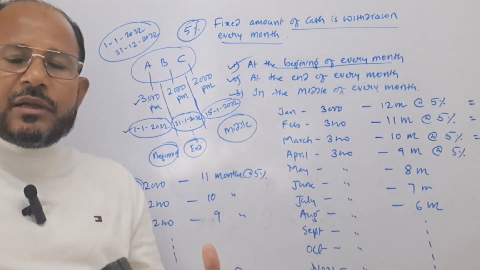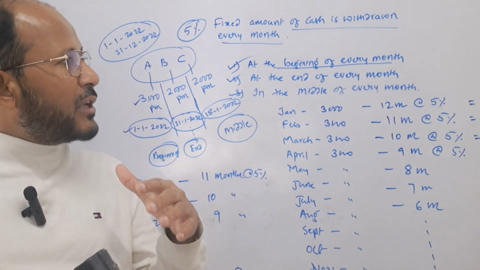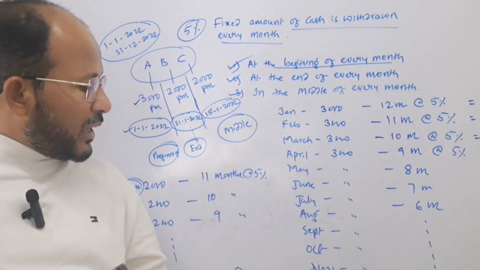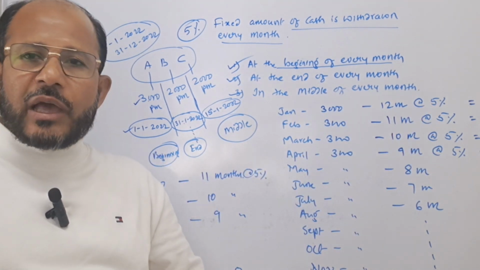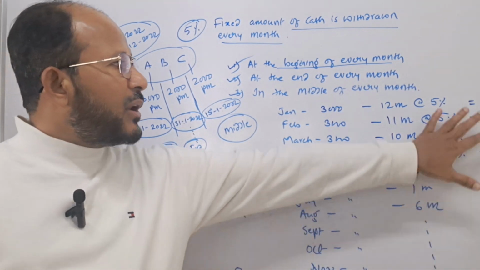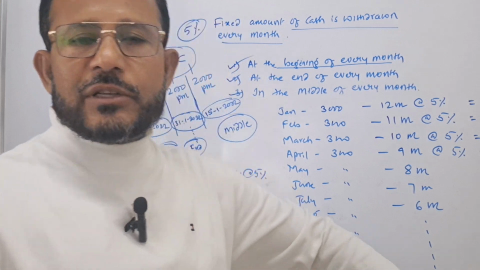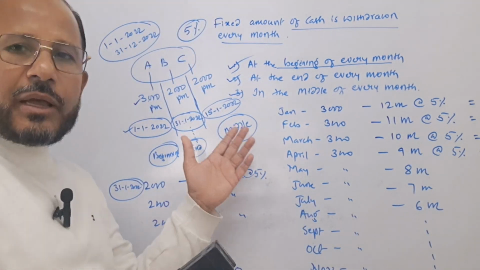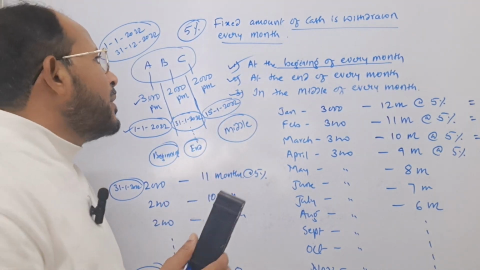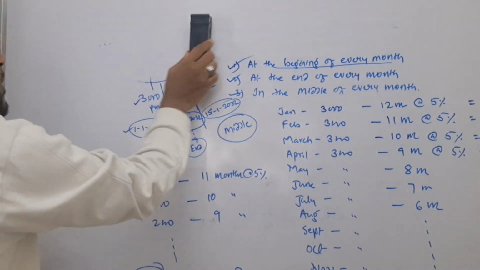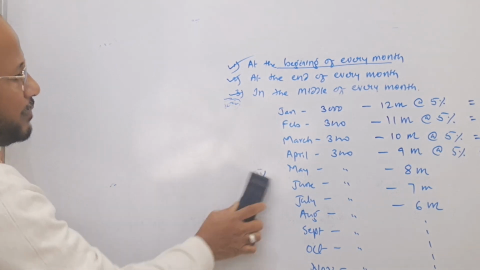That formula says that we have to calculate the average period, and that average period is to be applied to the total amount withdrawn by the partner, and at the given rate of interest, if we calculate, we get the same result even if we calculate it separately. Whatever result we get here, the same result we are going to get when we apply that particular formula. By doing so, we can save our time. Therefore, for saving time, the simple method of calculating the interest is there.